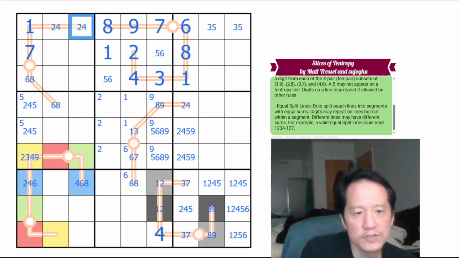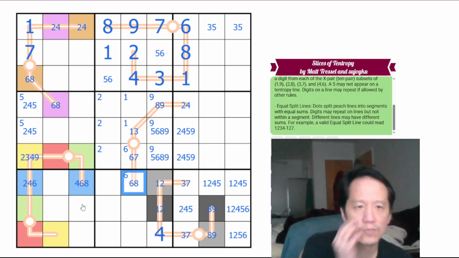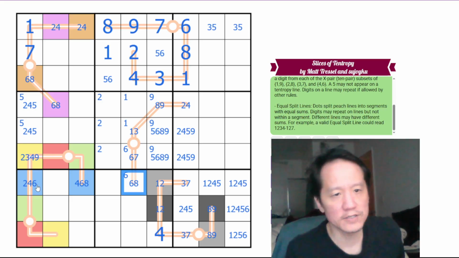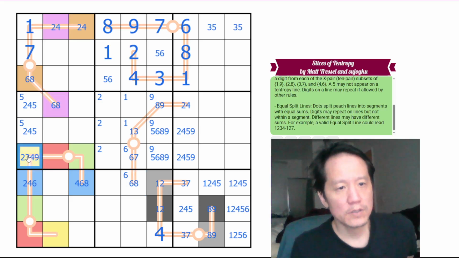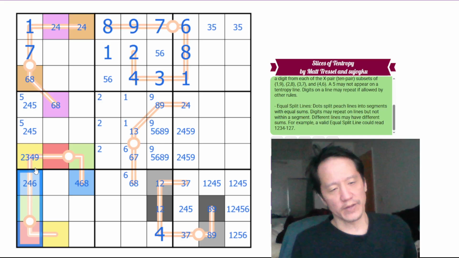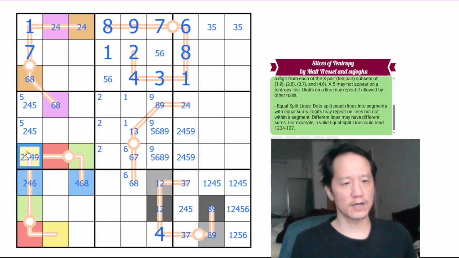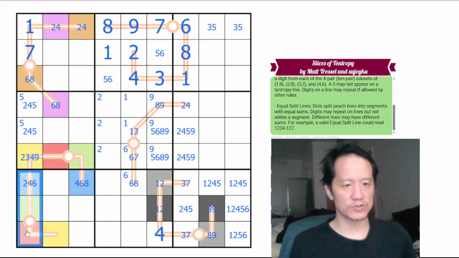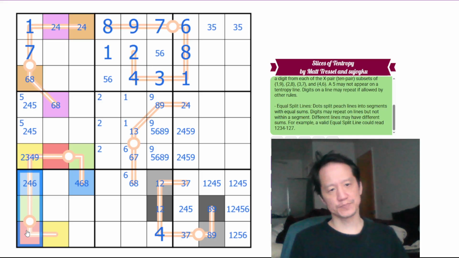So this matches this set, and this matches this set. Okay, so the pink has to be... The other 6 and 8 is here, right? It has to be one of the pinks here, and it cannot be this one. So this pink must be one of these 3 cells.